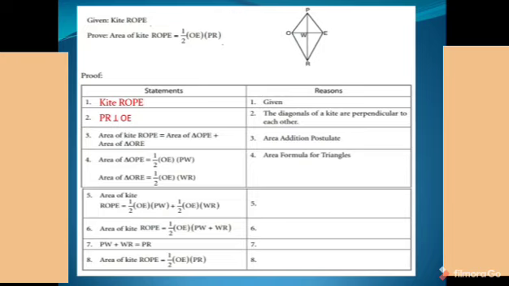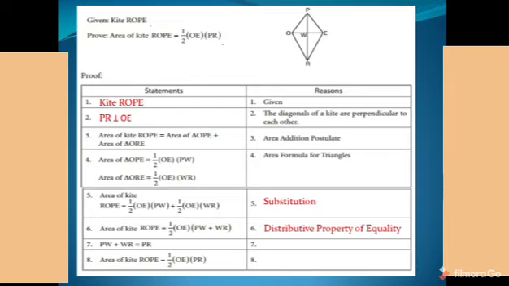For number 5 statement, as we are going to combine them from statement number 4, the area of the kite ROPE is equal to one half of segment OE times segment PW plus one half of segment OE times segment WR by substitution. And as we combine them together, you would have the area of the kite ROPE is equal to one half times OE times PW plus WR.